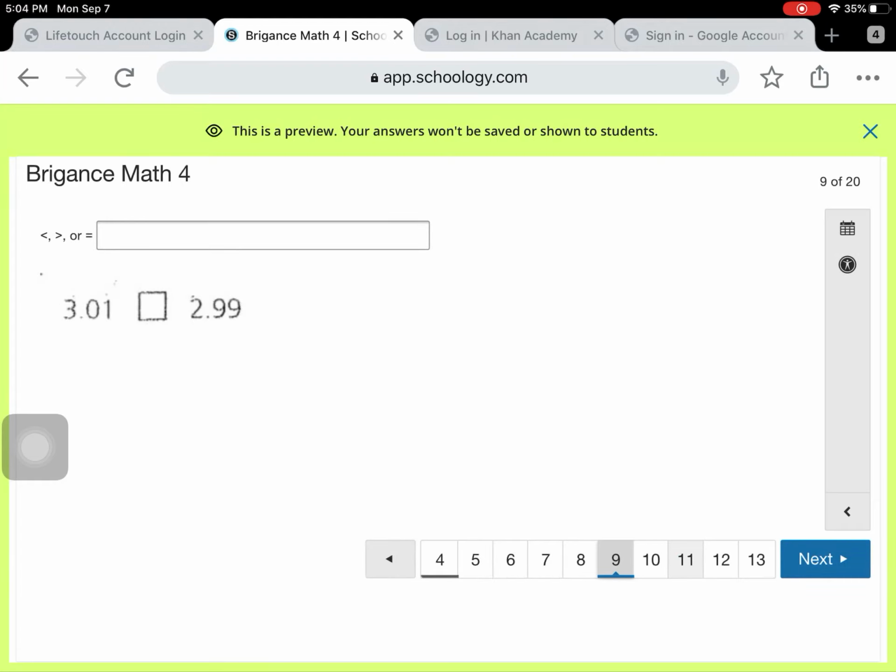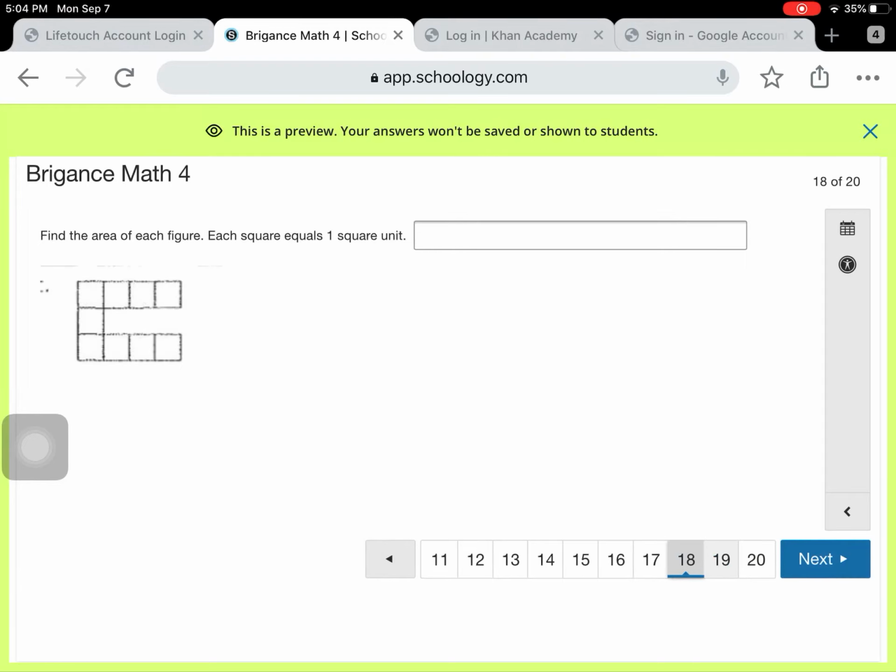The next set of directions is going to have you solving a series of problems. Again, if you need scratch paper, have that handy, but you want to use your own thinking power in solving these. You'll have a couple of multiplication with a couple of division, I believe, as well.